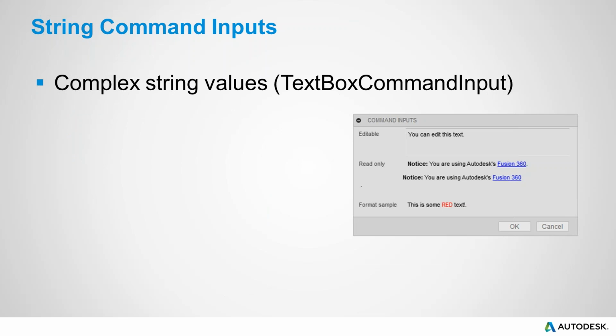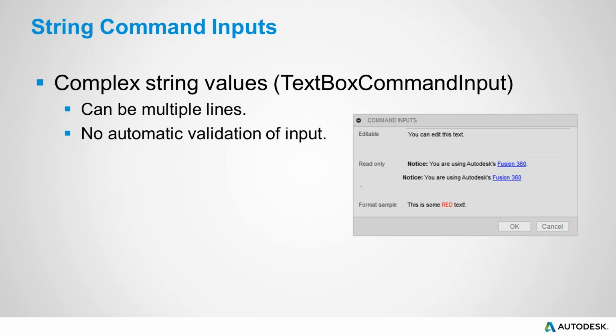To get more complex strings, there's another kind of input called a text box command input, and this supports multiple lines. Here too, there's no automatic validation. Whatever's there, Fusion's fine with it.